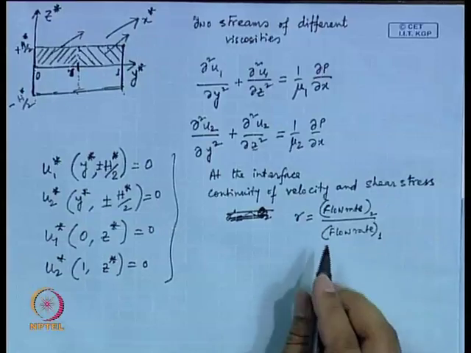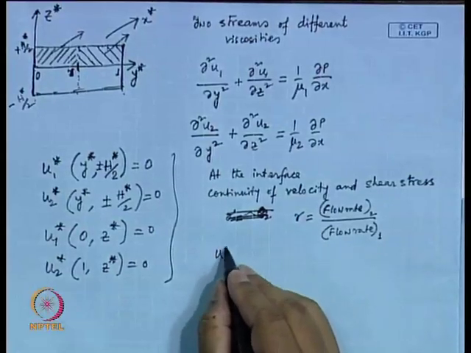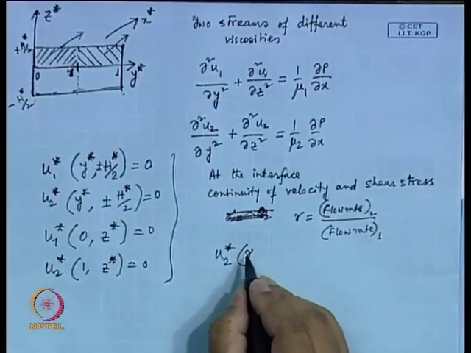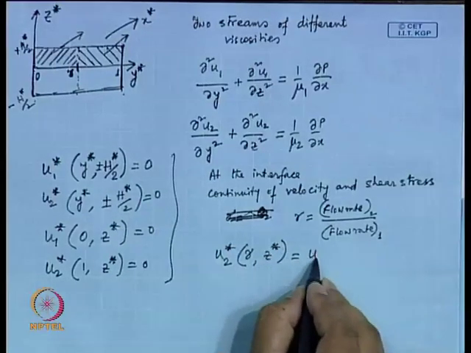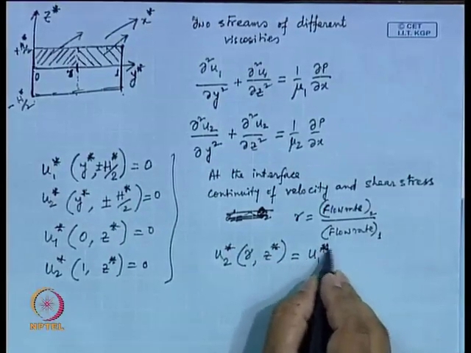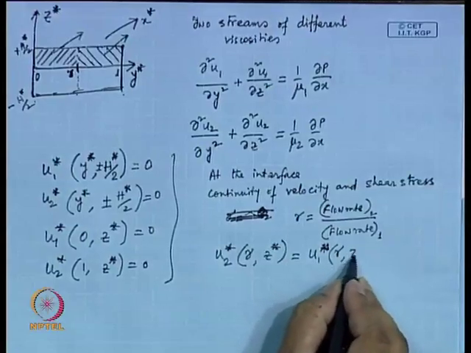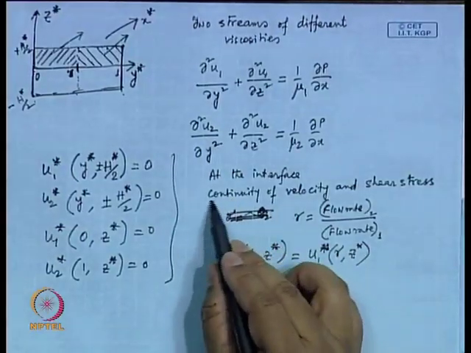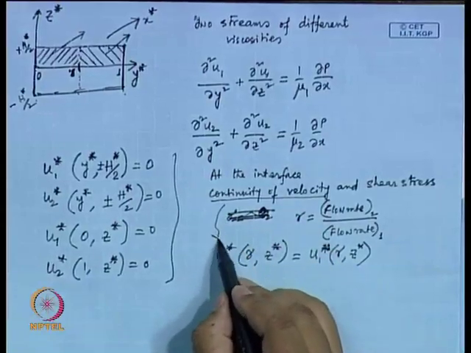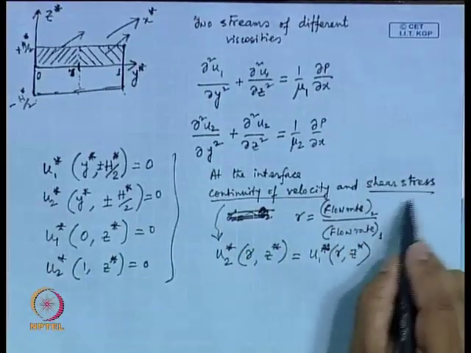Okay. And then you can write u 2 star at gamma, z star, that is equal to u 1 star at gamma, z star. So, this is basically the continuity of velocity that is satisfied, and the continuity of shear stress.